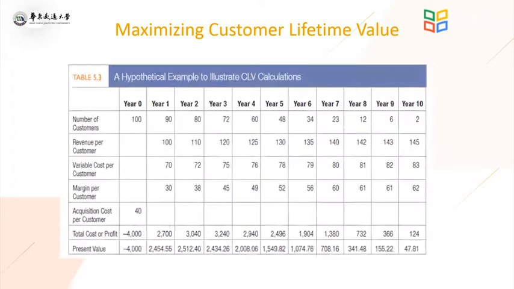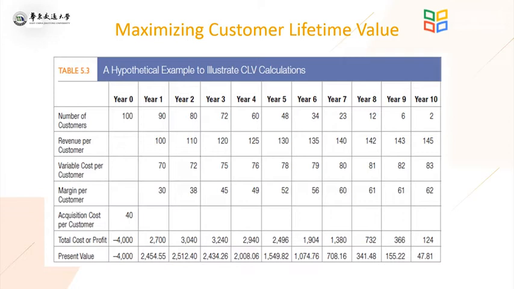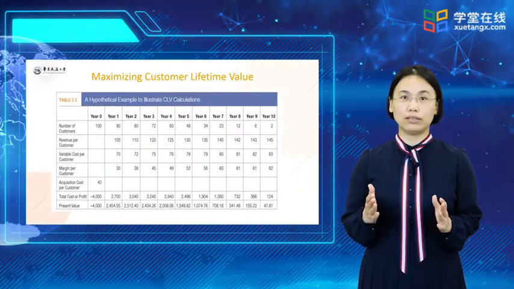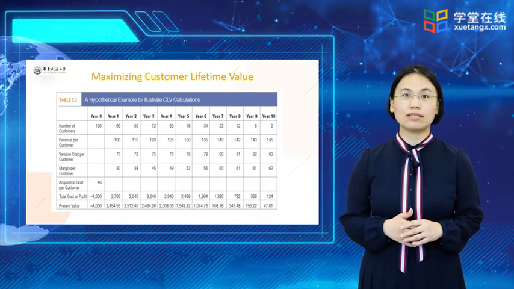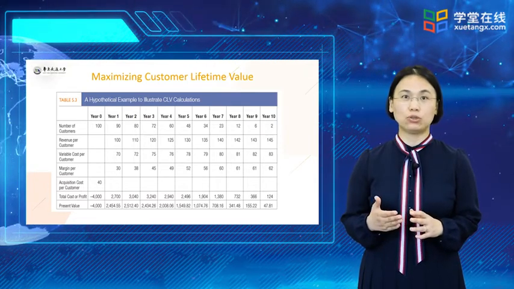Gupta and Lehmann illustrate their approach by calculating the CLV of 100 customers over a 10-year period. See Table 5.3. In this example, the firm acquires 100 customers with an acquisition cost per customer of $40 US. Therefore, in year 0, it spends $4,000. Some of these customers defect each year.